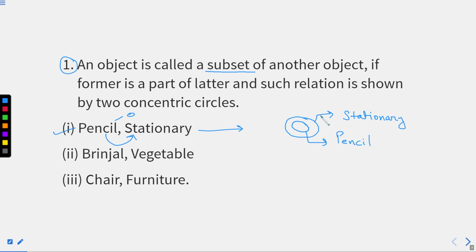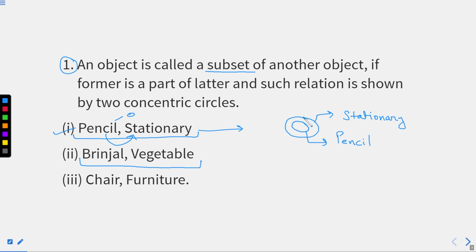So these two concentric circles are the Venn diagram representation of the given pair, pencil and stationery. If I talk about brinjal and vegetable, don't you think brinjal is itself a vegetable?